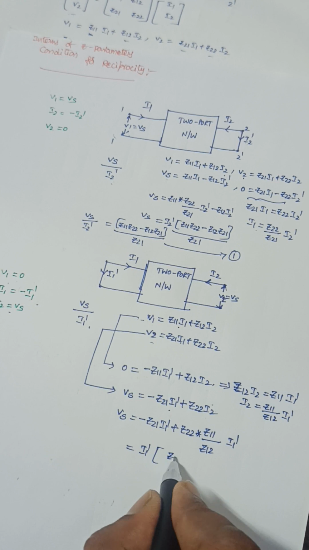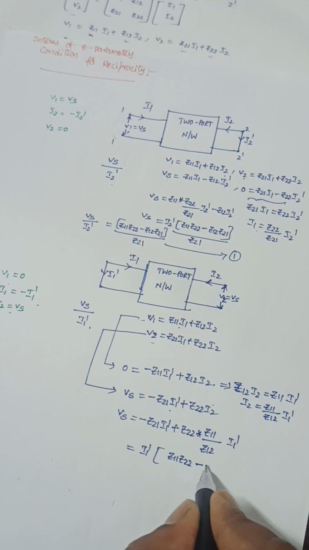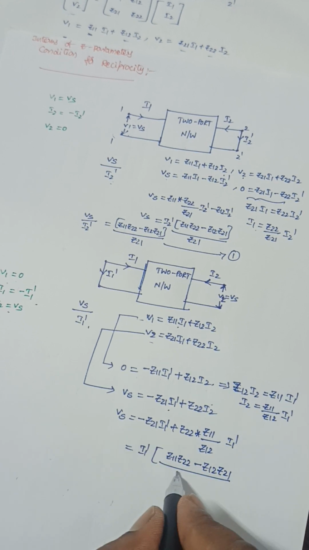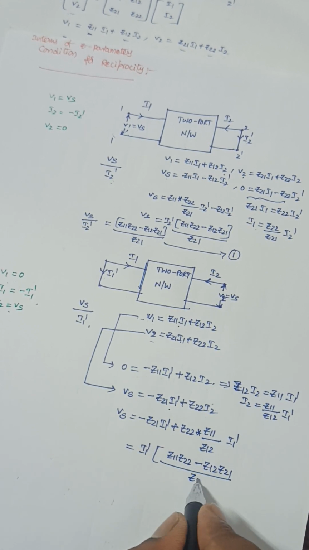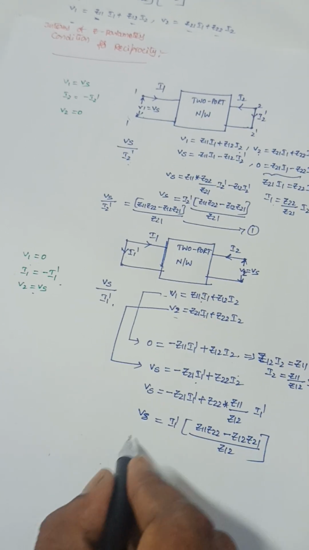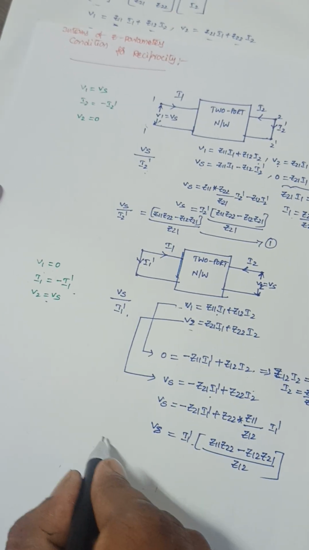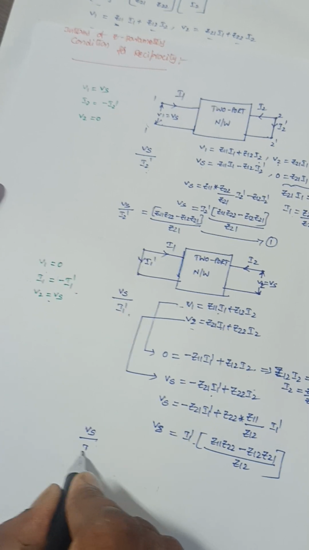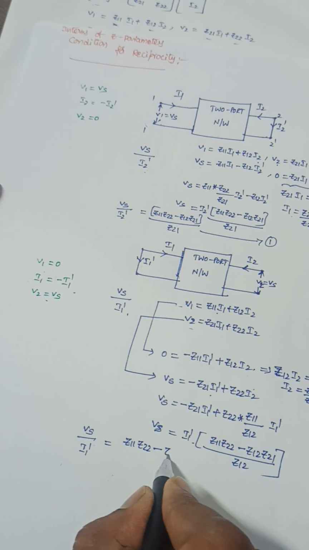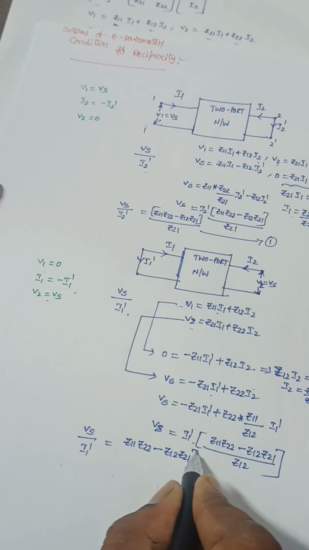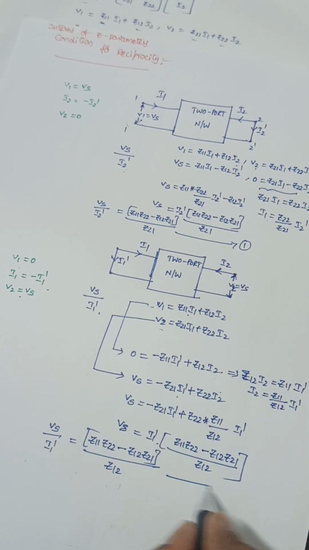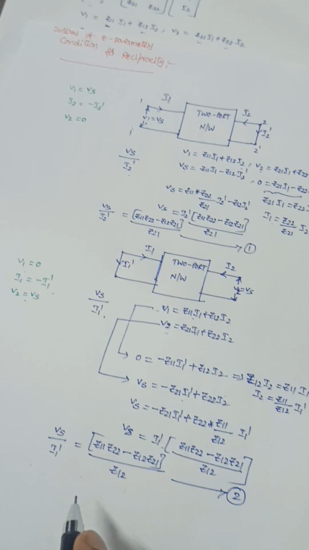It is Z11 Z22 minus Z12 into Z21, divided by Z12, and that is equal to Vs. Now what I need to find is Vs by I1 dash. So Vs by I1 dash is equal to Z11 Z22 minus Z12 into Z21 divided by Z12. Let us make this equation as 2.